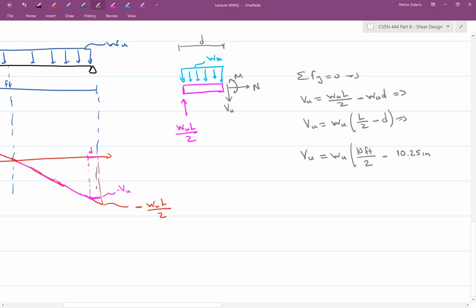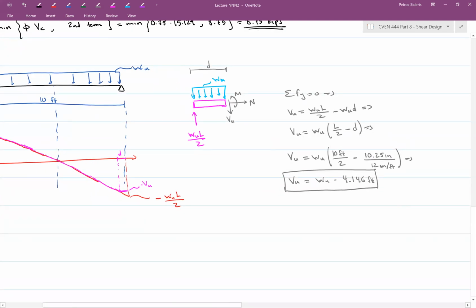You can mention that 1 inch is essentially 1/12 of a foot, so you have 12 inches per foot, and you end up with VU being equal to essentially WU times 4.146 feet.